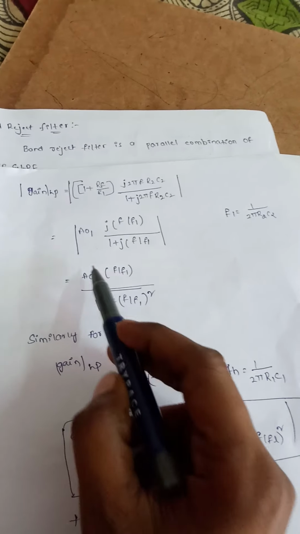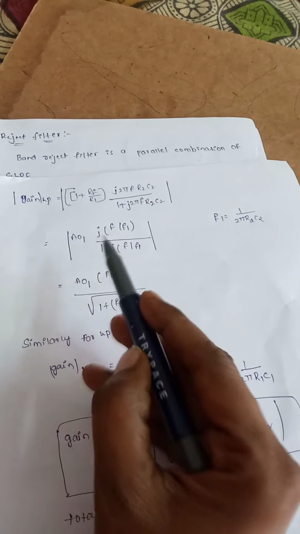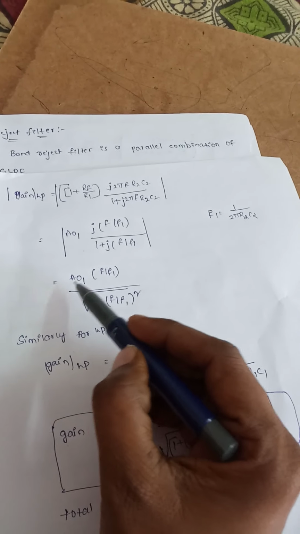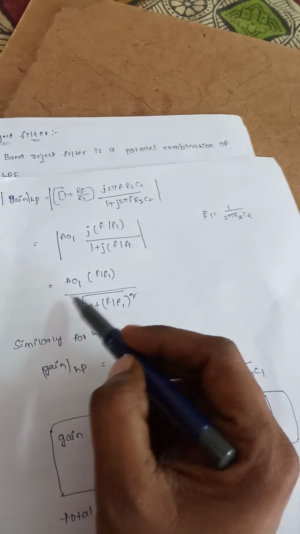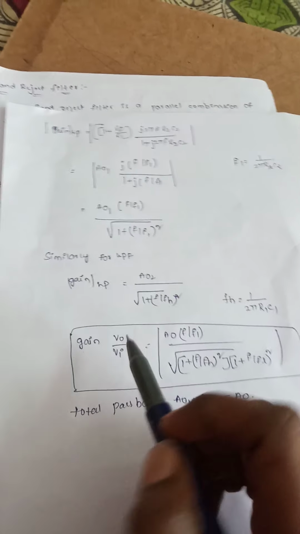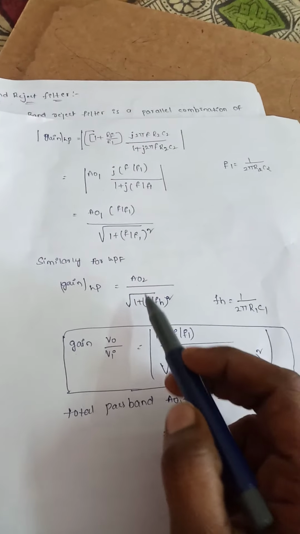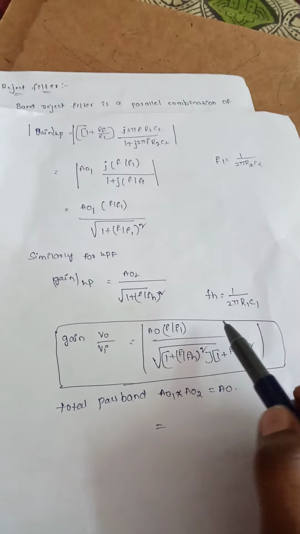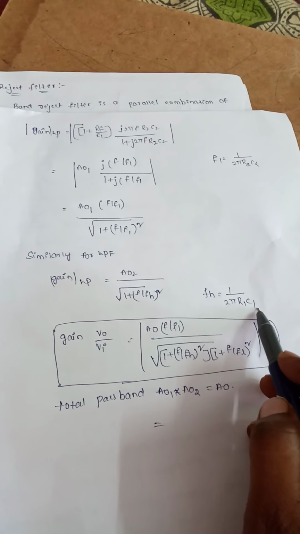From the A01, this is the magnitude. If I consider the real terms, A01 into F by F1 by square root of 1 plus F by F1 whole square. Similarly, the gain for the high pass filter is equal to A02 by square root of 1 plus F by Fh whole square. Here Fh is equal to 1 by 2 pi into R1 C1.